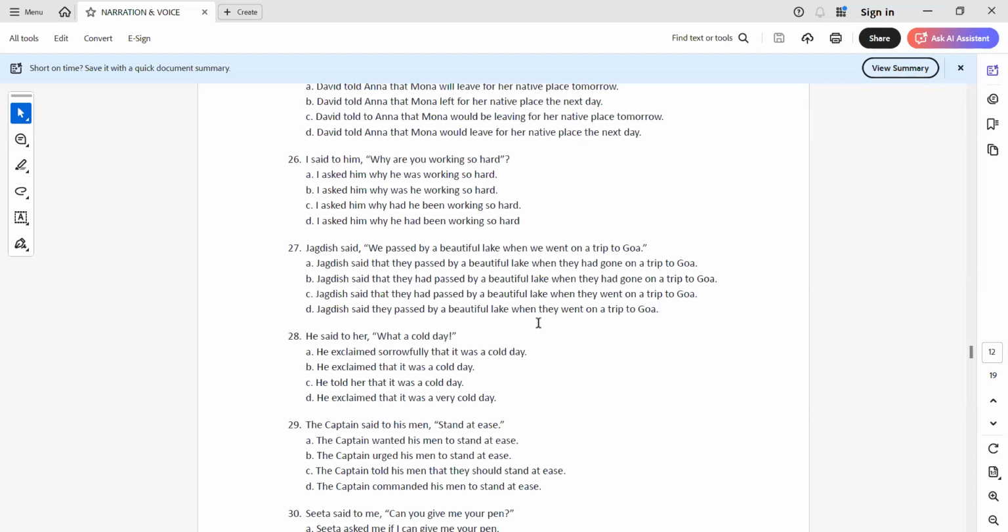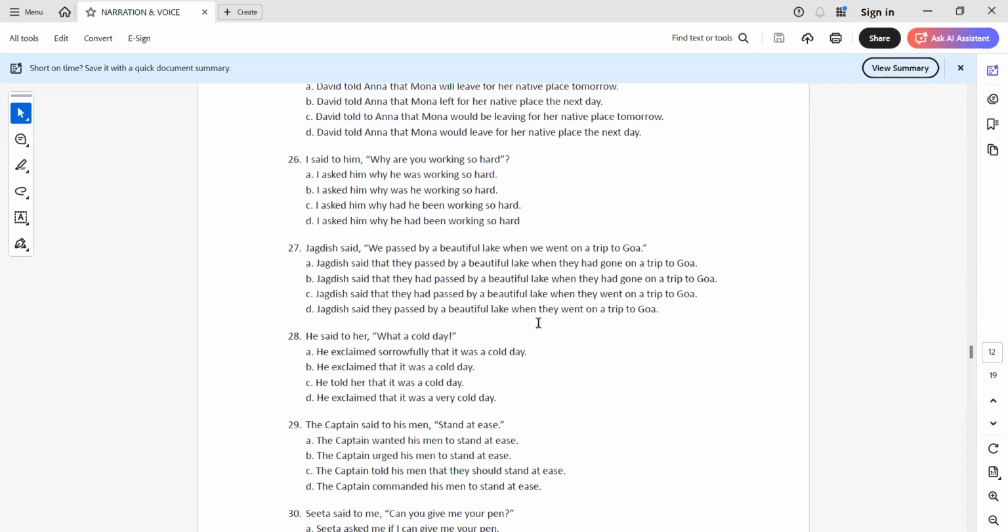Actually, the reporting verb should be based on the dialogue. किसको बोला? It's understood, it's intended in itself. So if that's not mentioned, that's okay, because in most of the questions it's not mentioned. Like in the 27th one, Jagdish said, किसको बोला, that's not written. But in this question, it's mentioned, right? So when we are changing the form, then we should include that.